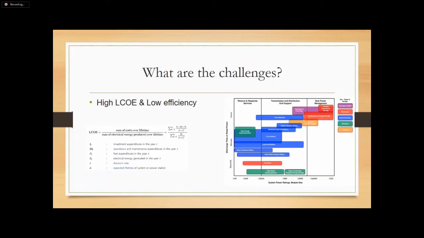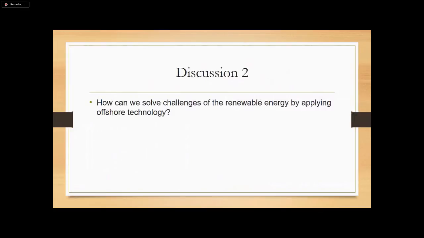So that's the biggest two challenges. And also a second challenge is what I mentioned in the beginning, which is developing a storage system for it. So how can we address that challenge?